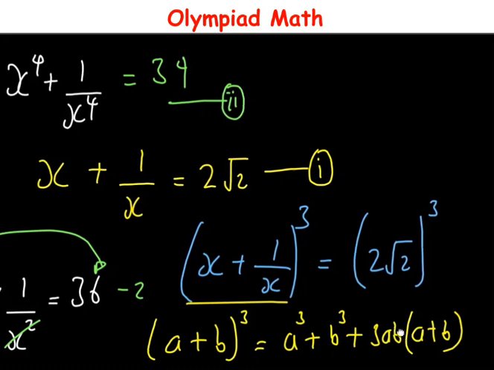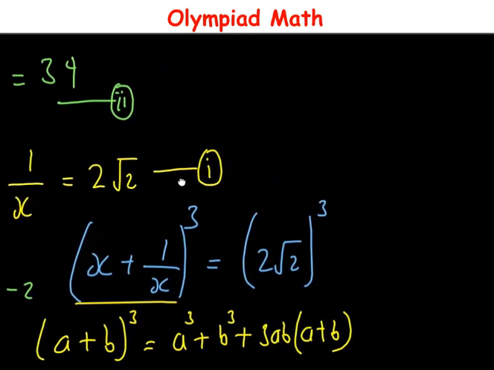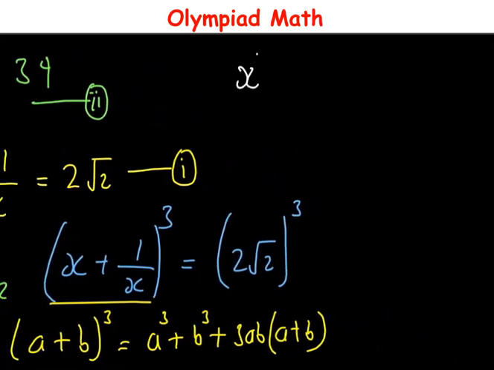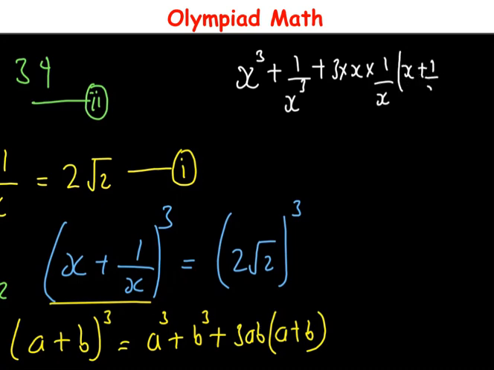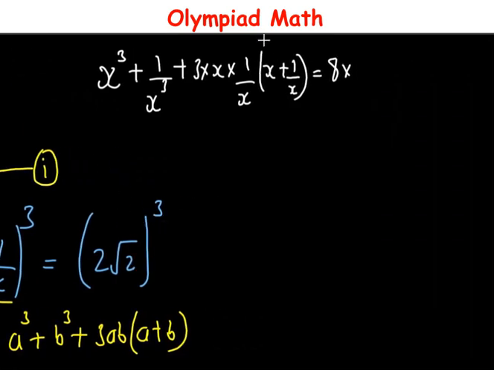So following this identity, what we have is x raised to power 3 plus 1 over x raised to power 3, plus 3 times x times 1 over x multiplied by (x plus 1 over x), and this equals 2 cubed, which is 8, times root 2 cubed, the value equals 2 root 2.